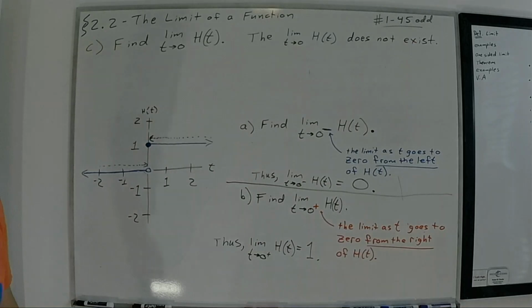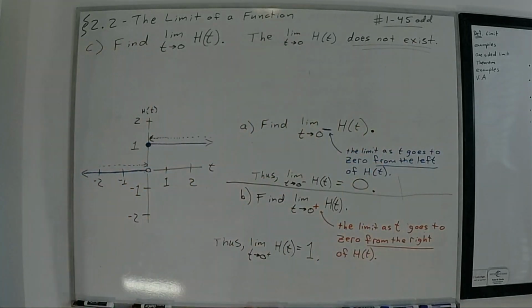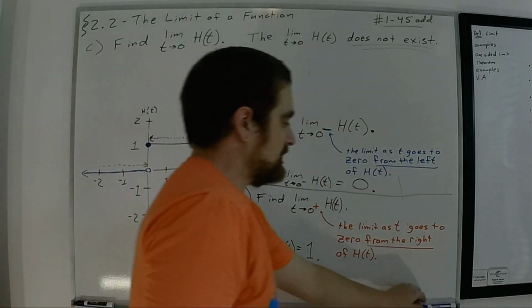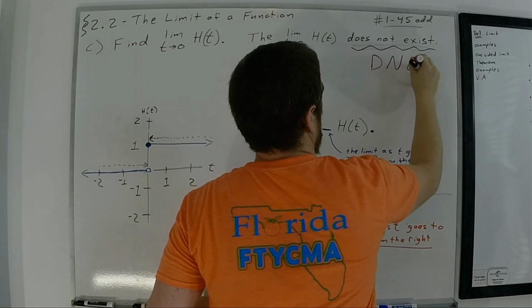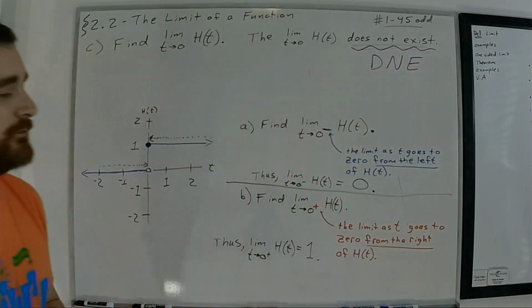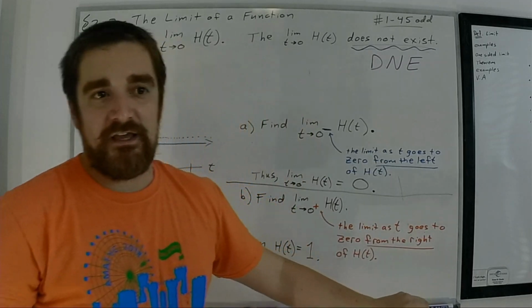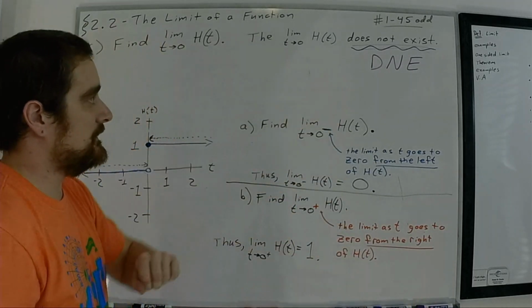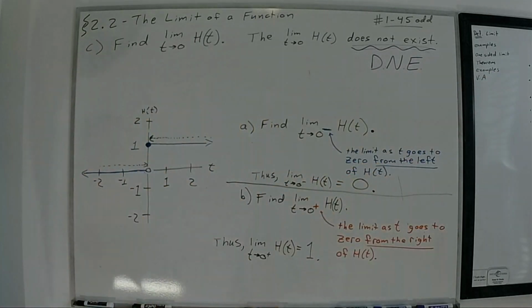Maybe you had a good guess, maybe not, but a guess is still closer than nothing at all. Sometimes we abbreviate this does not exist as DNE, and I'm perfectly fine with that. You'll see that in the textbook as well. We'll say, you know, the limit as t goes to 0 of h of t DNE, and they use a capital DNE to say does not exist, which is perfectly fine.